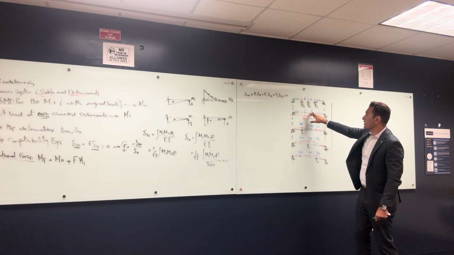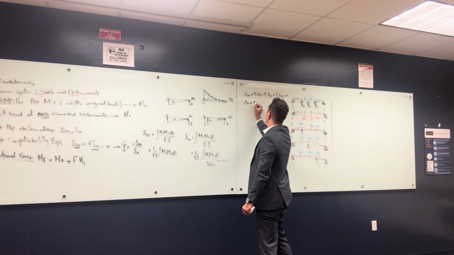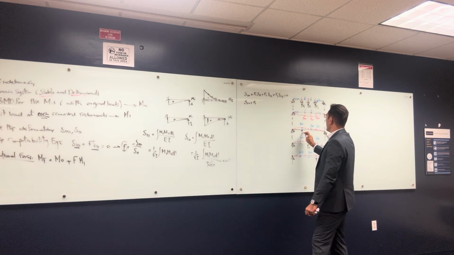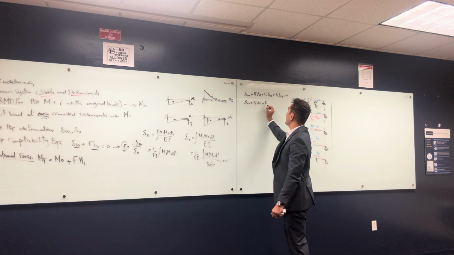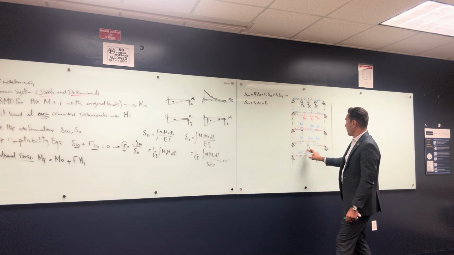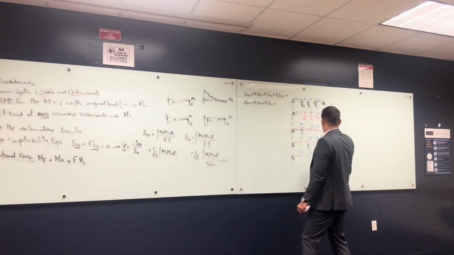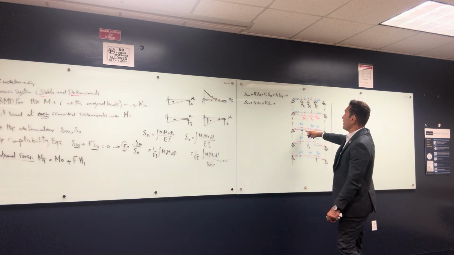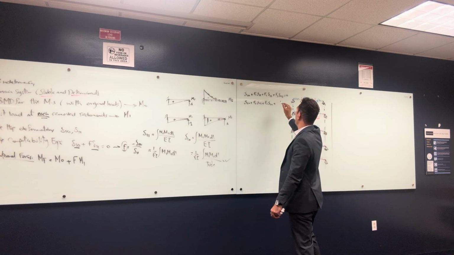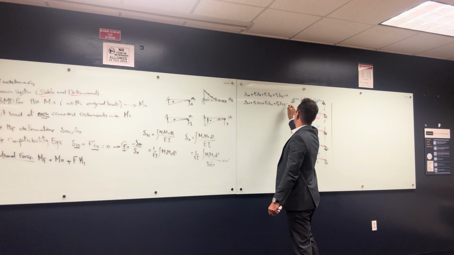We can do the same thing at point 2. So you can say that delta 20 plus F1 multiplied by delta 21 plus F2 multiplied by delta 22 plus F3 multiplied by delta 23 equals 0.